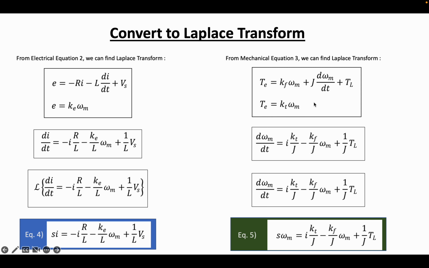We move the Kf omega m to the left side, and we divide by G, and we found this equation, and we convert this equation to the Laplace transform. So the last, we found the Laplace transform of the mechanical system, which is s omega m equals I Kt over G minus Kf over G omega m plus 1 over G TL.